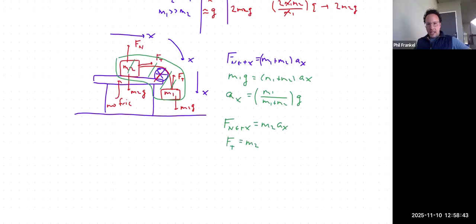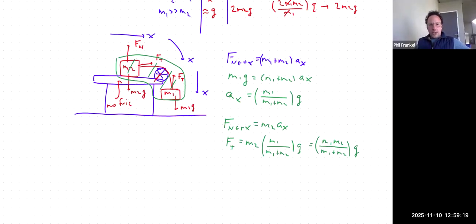And the acceleration is m1 over m1 plus m2 times little g, which is what we solved for up here. Therefore, the tension in the rope is m1 times m2 over m1 plus m2 times g. Very similar to the tension in the previous problem, except there's no 2 in the numerator now.